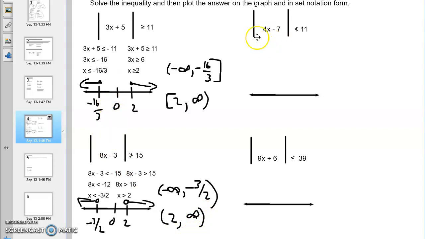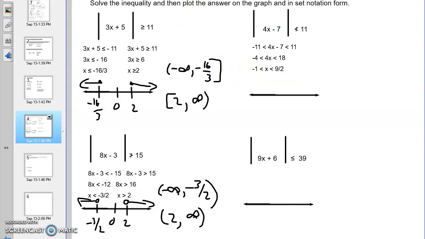When it's a less than, we write a combined statement. It becomes negative 11 less than 4x minus 7 less than positive 11. Add 7 to both sides, negative 4 less than 4x, 18, negative 1 less than x, 18 over 4 reduces to 9 over 2.